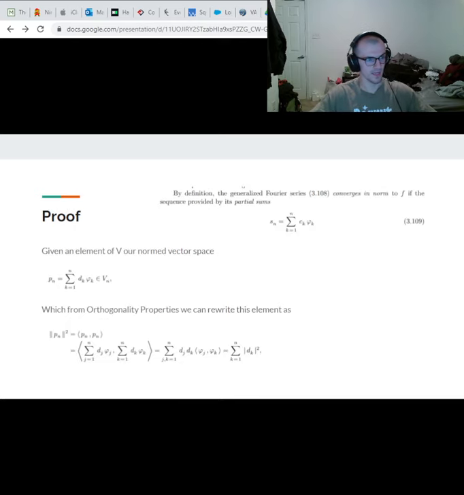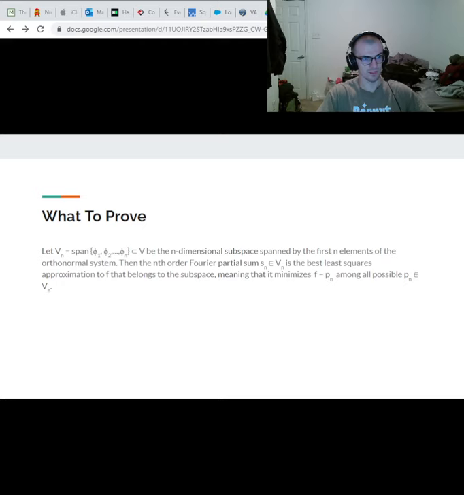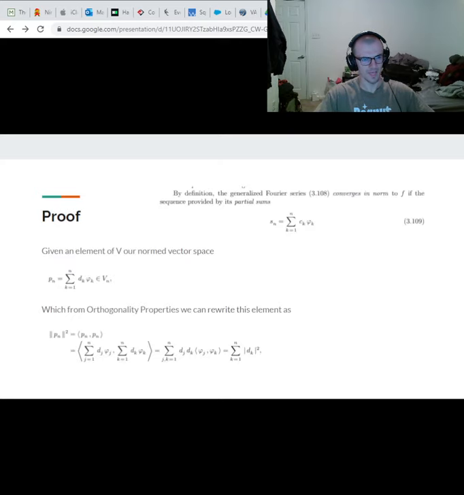Here is our p sub n that we have decided to define with a constant d sub k multiplied by an orthonormal vector psi sub k, which is an element of our V sub n, which is, as we mentioned, our n-dimensional subspace of our infinite dimensional vector space.